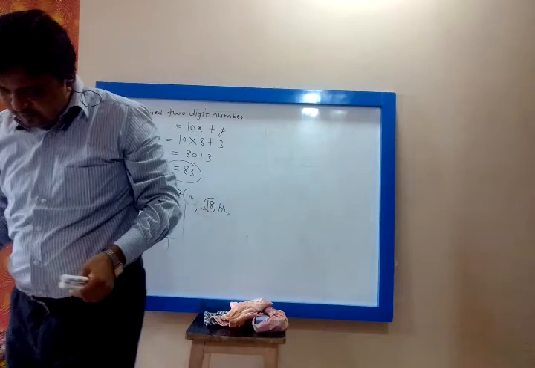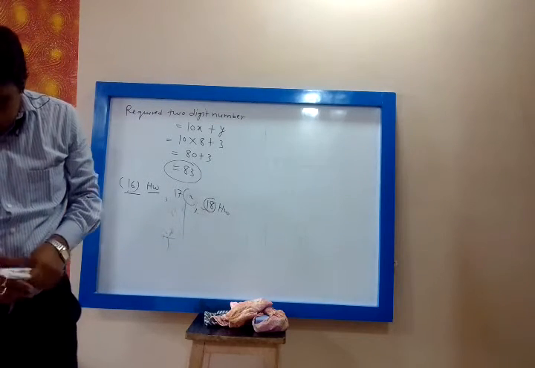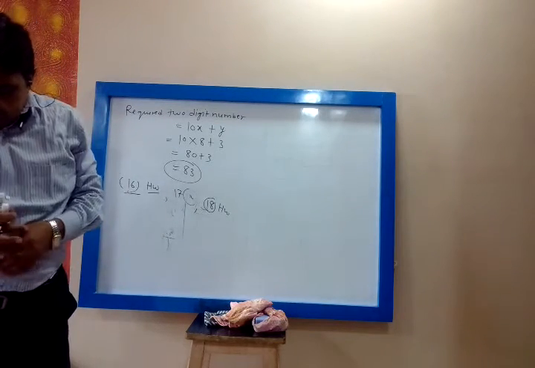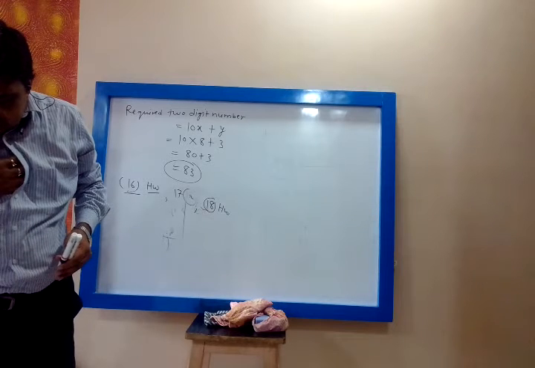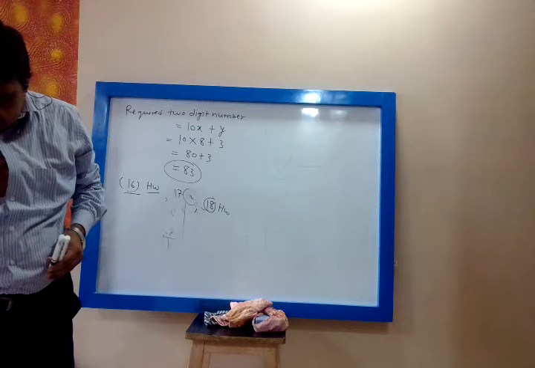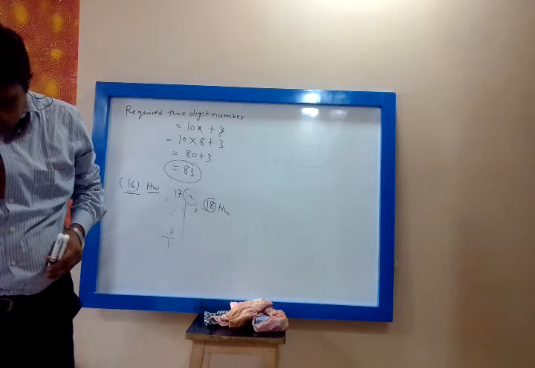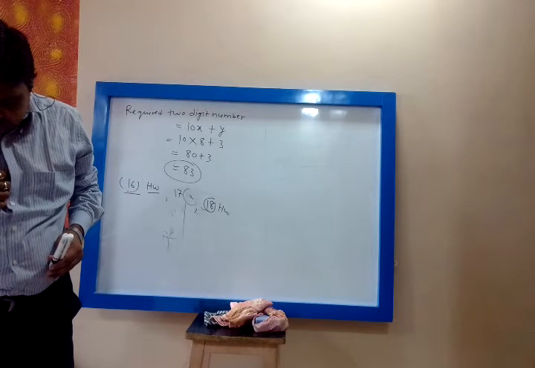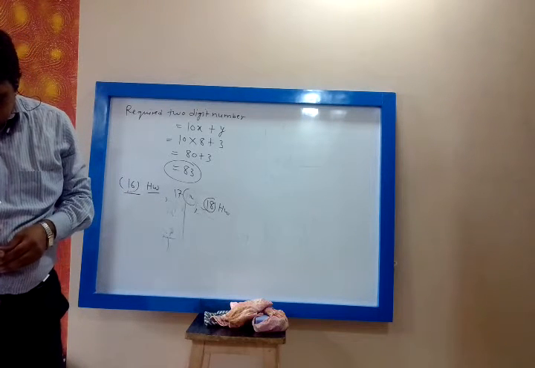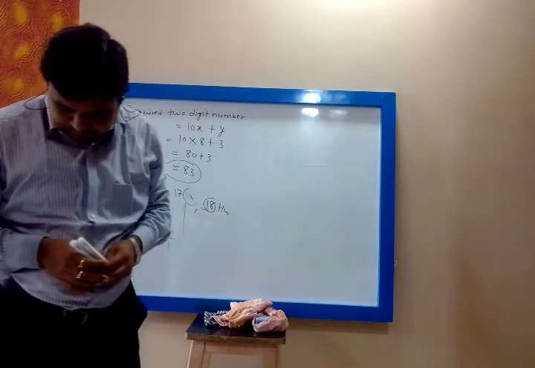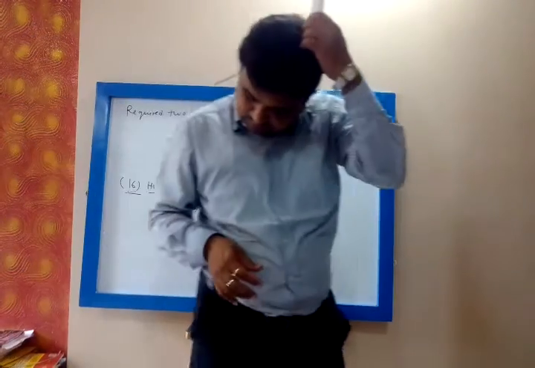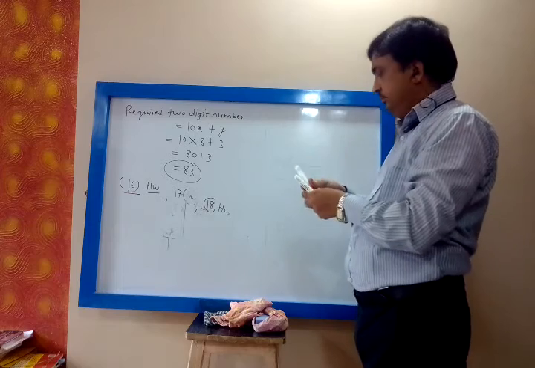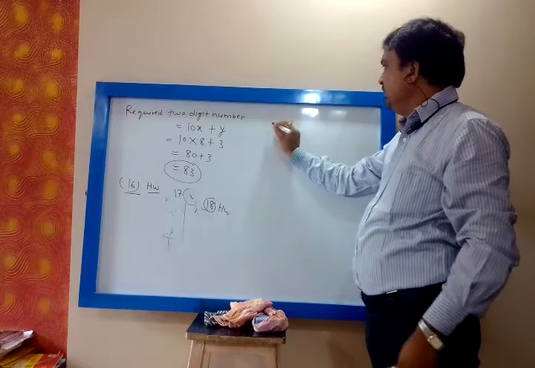What is given in 17? The sum of a two-digit number and the number obtained by interchanging the digits of the number is 121. So write down 17.